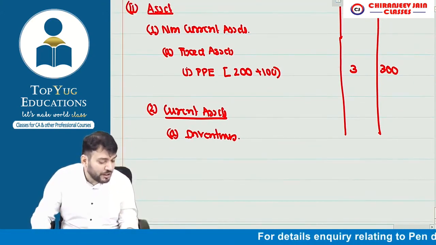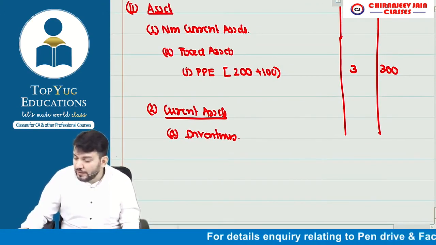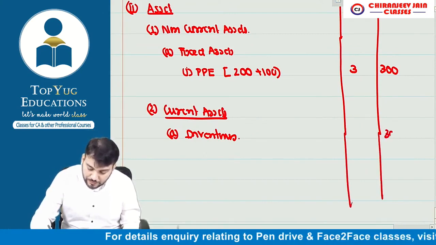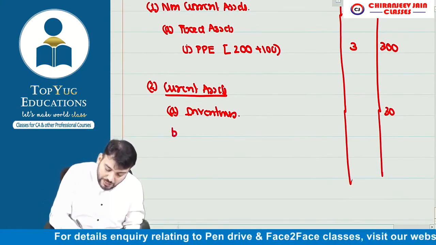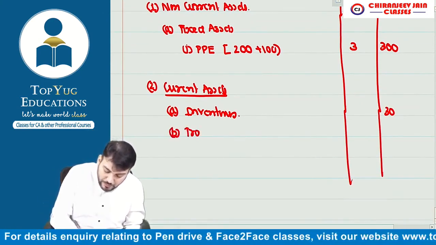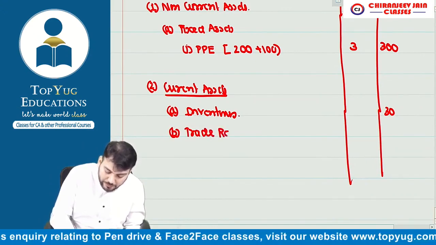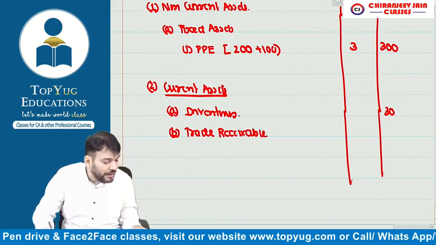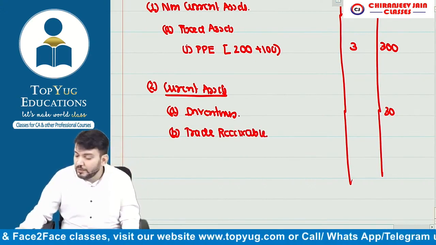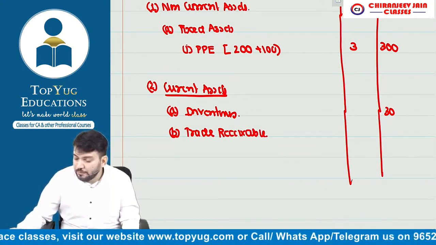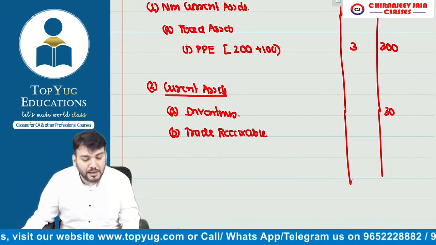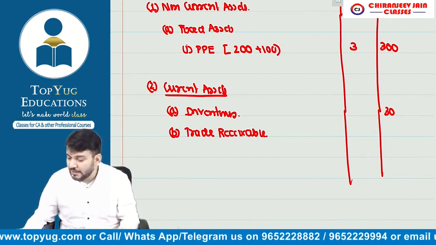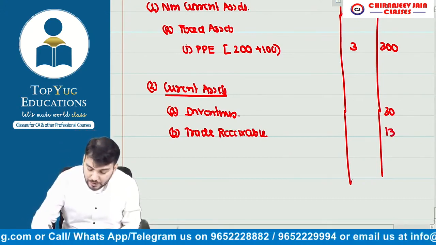So how much is left? 20% of 150, that is 30. So inventories 30. Then we can add trade receivable. Trade receivable means debtor. We will check how much the debtor is reduced. It was 225 minus 90 was deducted from the debtor, which is equal to 135.